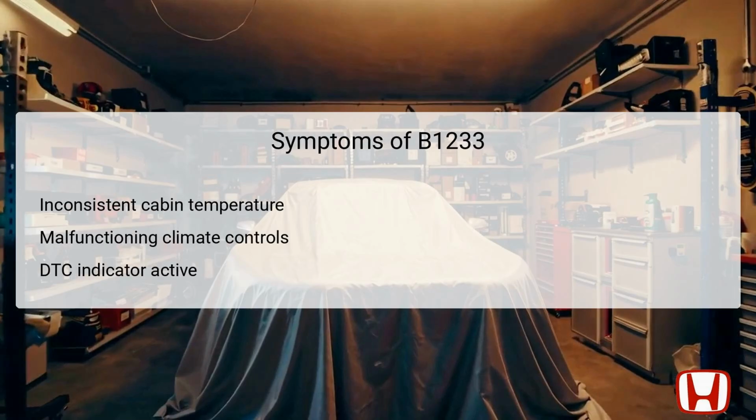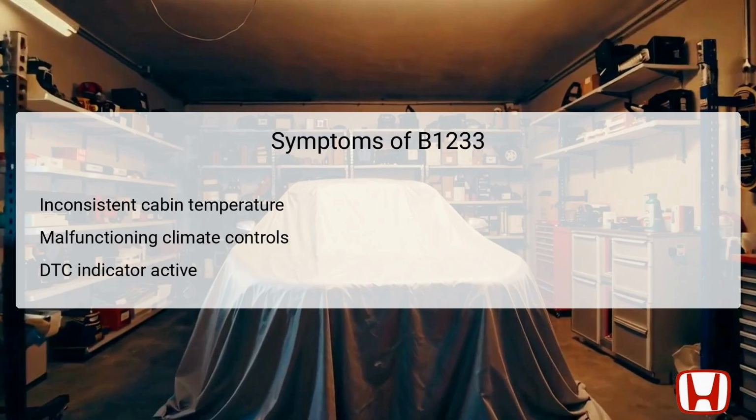The symptoms associated with DTC B1233 can significantly hinder driving comfort and overall vehicle functionality. One prominent symptom is an inconsistent cabin temperature, where the heating and cooling do not respond correctly to driver settings. This inconsistency can lead to discomfort during varying weather conditions.